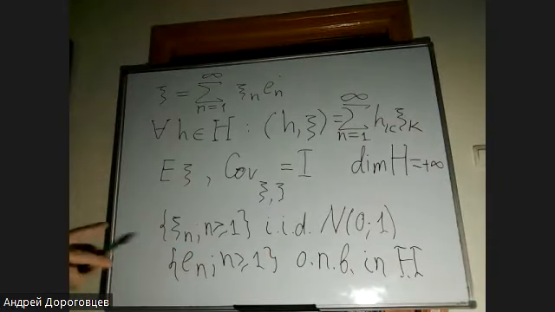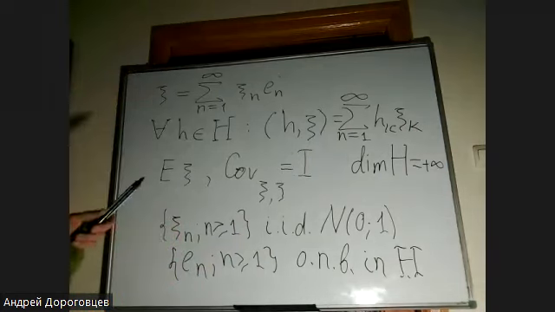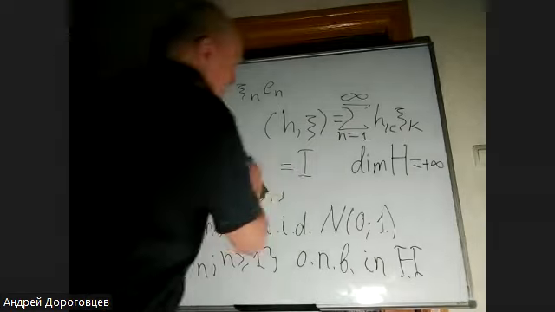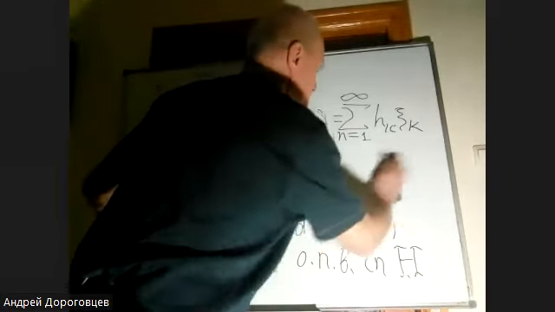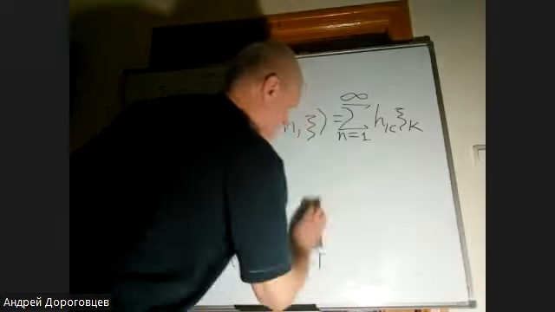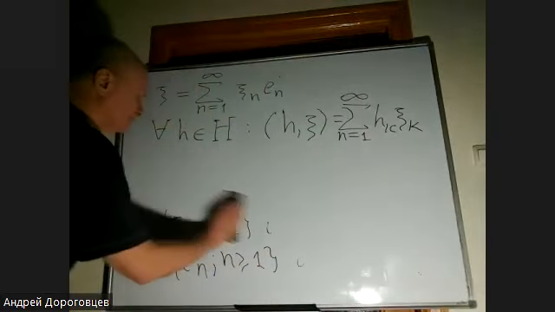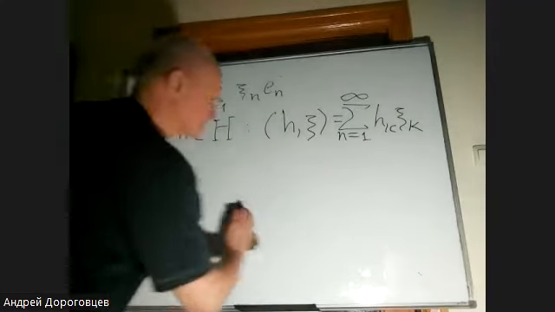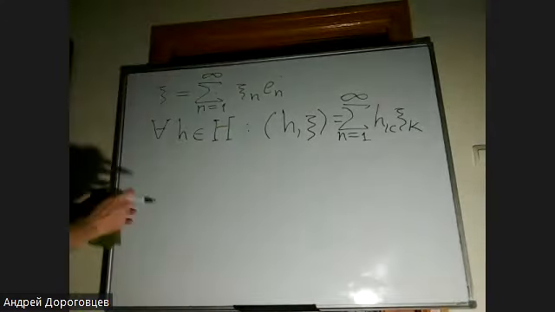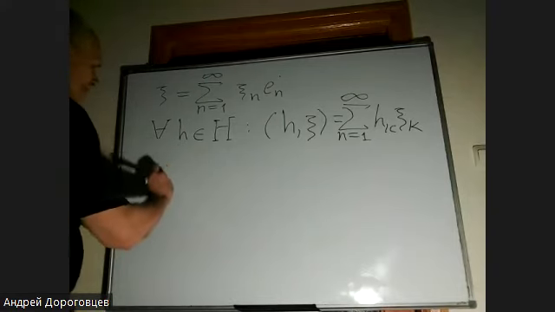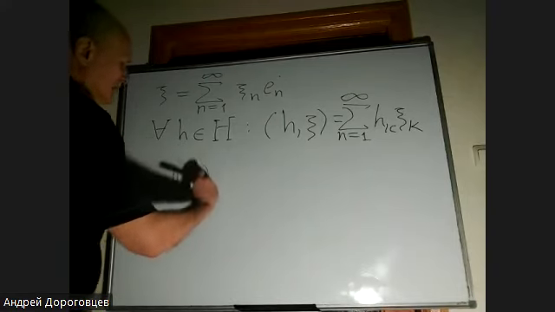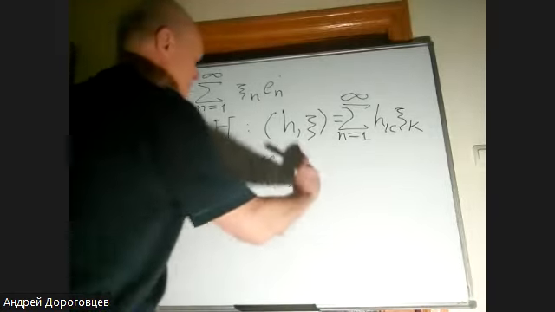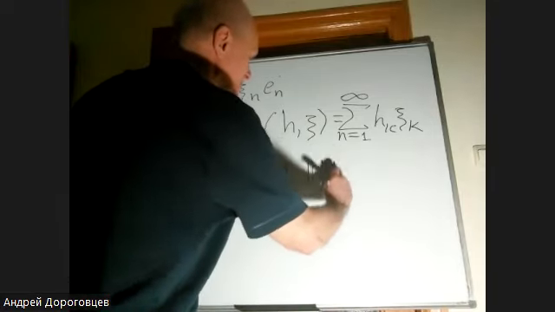And this sum is well defined. It is a Gaussian random variable with known parameters: (h, psi) is Gaussian with the parameters 0 and the norm of h squared.